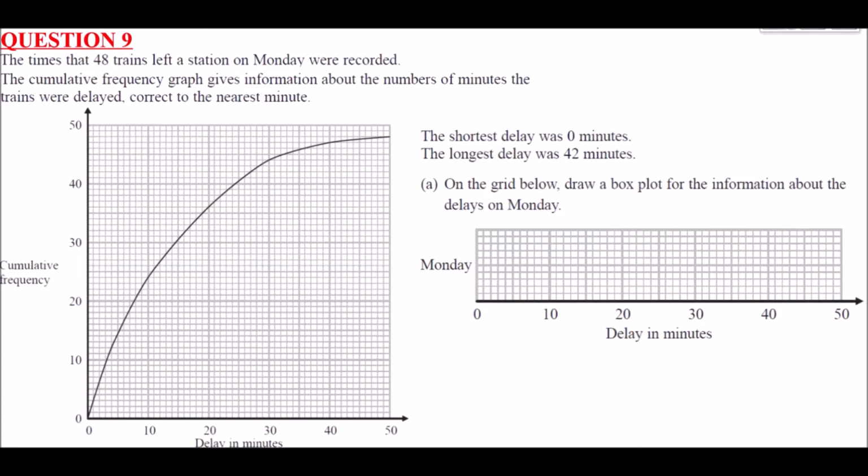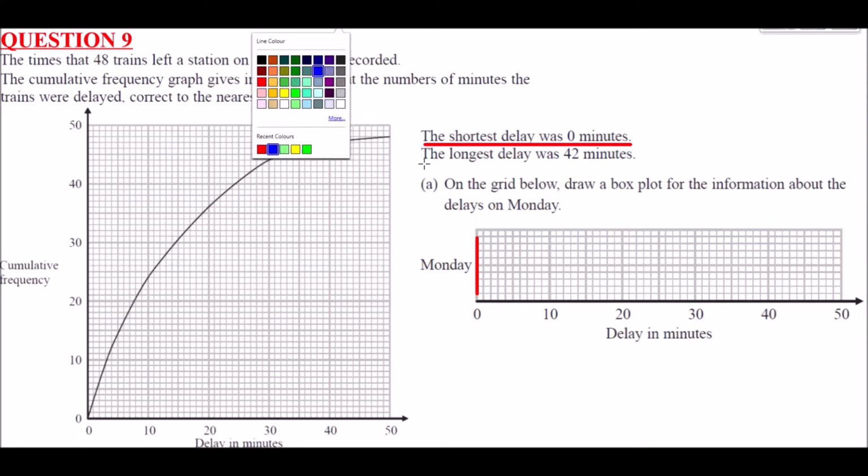Now, for a box plot, there's a few things we need to know. A box plot consists of 5 vertical bars, essentially. The first bar is representing the smallest value, in this case the shortest delay. The shortest delay was 0 minutes, so we just draw a vertical line like so, where we see 0.